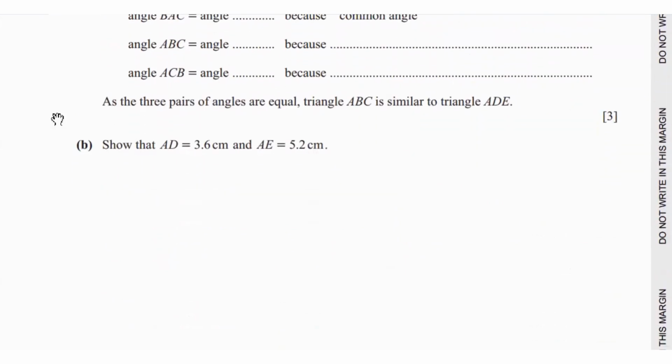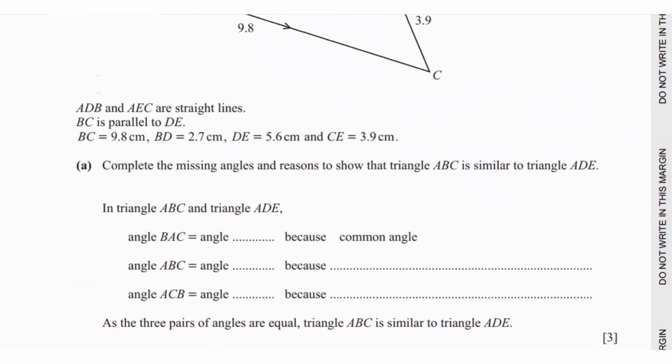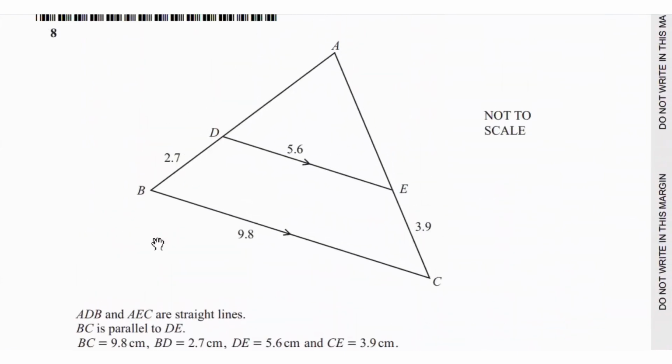Now it's saying show that AD is equal to 3.6 and AE is 5.2. So since they're similar triangles, that means each length is being enlarged by the scale factor. And that scale factor is common for all of the lengths. So we know 5.6 becomes 9.8.